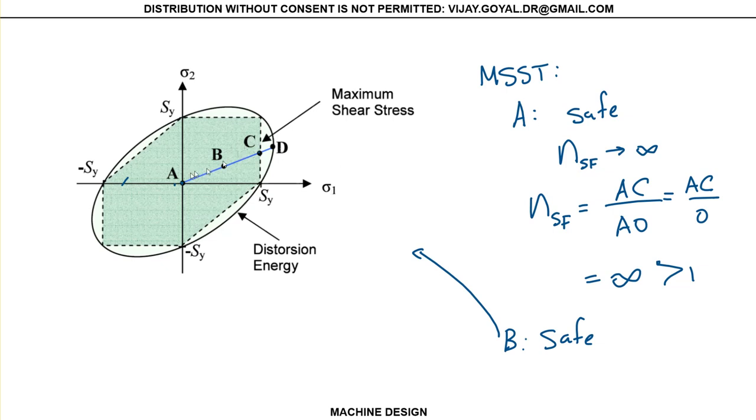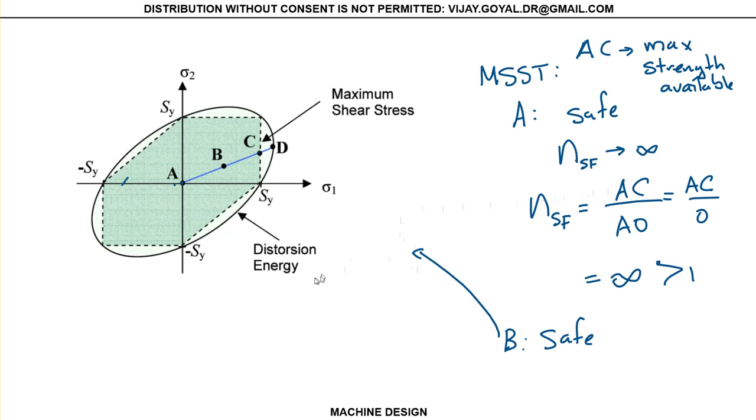We are saying this is the maximum available. Okay, for the maximum shear stress theory, AC is the maximum strength available. That's the way you need to see it. Okay?